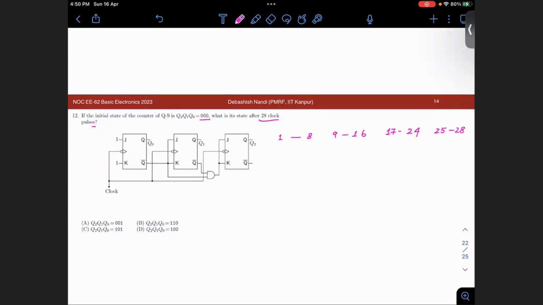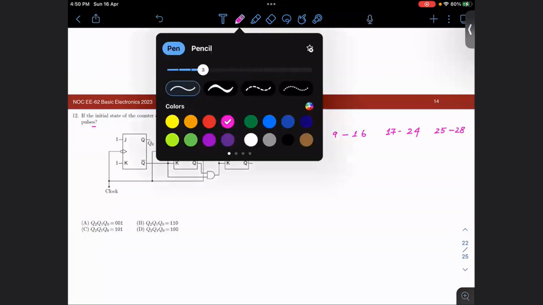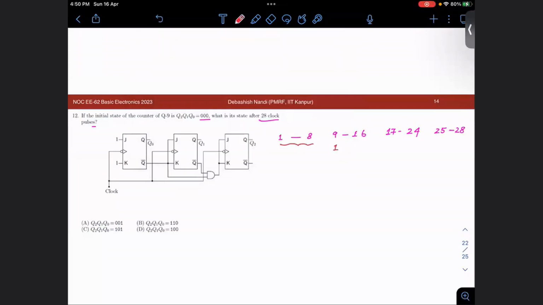This is 1 to 8, this will also be 1 to 8 because it is a modulo 8 counter, and this will also be 1 to 8. Then 25, 26, 27, 28. So this will be first, second, third, and fourth. So 28 will be whatever my output is after the 4th clock pulse.